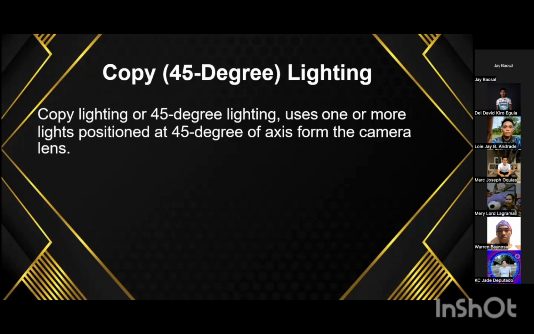Overall, copy lighting is a powerful technique that can help to create visually appealing and accurate representations of products and other subjects, making it an essential tool in commercial and product photography.